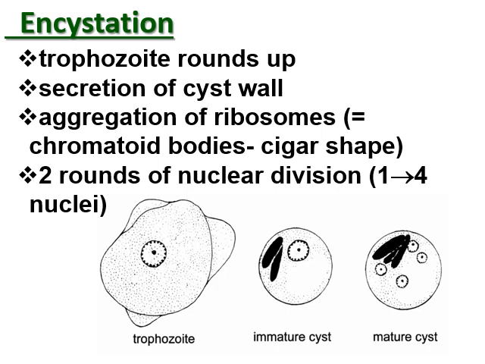In encystation, the trophozoite rounds up, and the cyst wall, a hyaline wall, is secreted. Aggregation of ribosomes forms chromatoid bodies, which are cigar-shaped, as we see. They form the black bodies in the cyst, and two rounds of nuclear division occur.